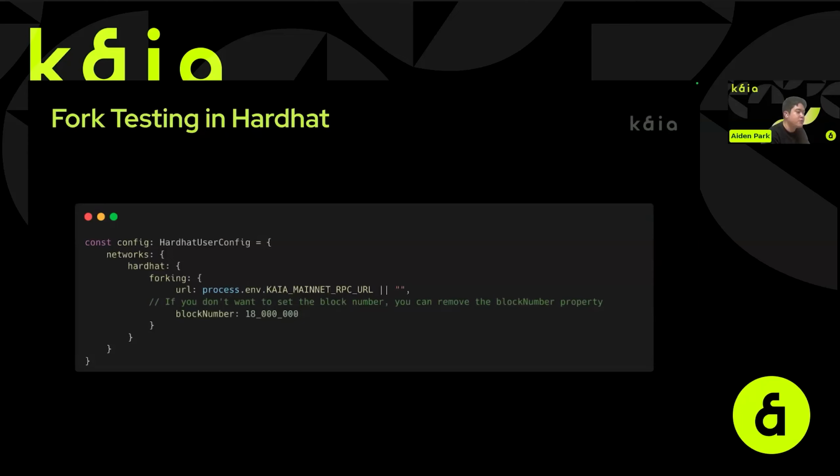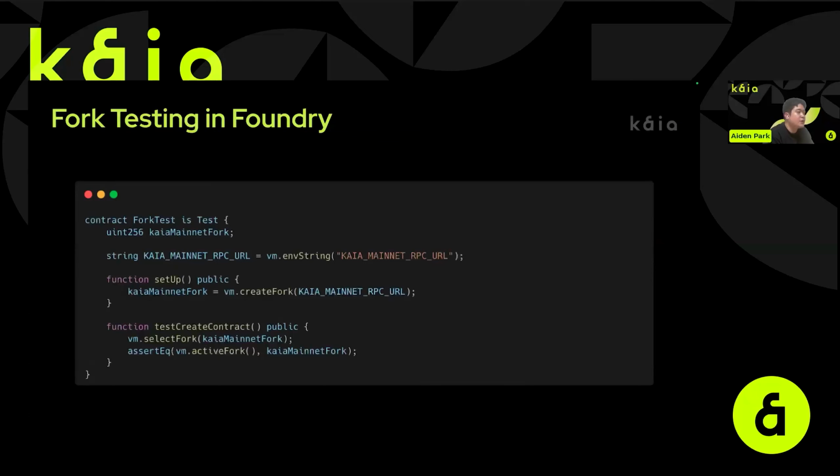If you don't want to set the block number, you can remove it, and then it automatically uses the latest block number. But in most cases, I'm not sure if I remember correctly, specifying the block number is recommended because it's more performant. So if you don't have any other specific reason, I would recommend setting the block number for fork testing.